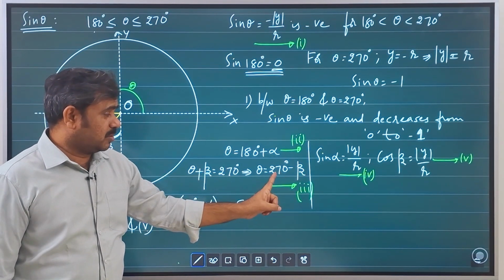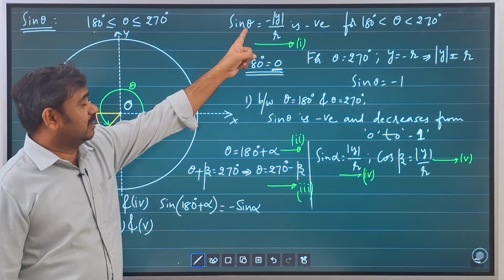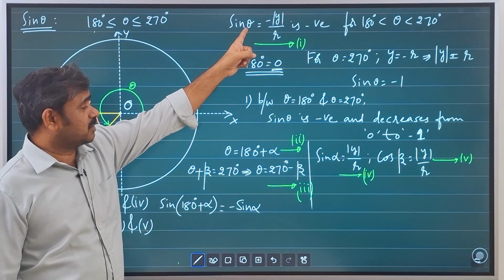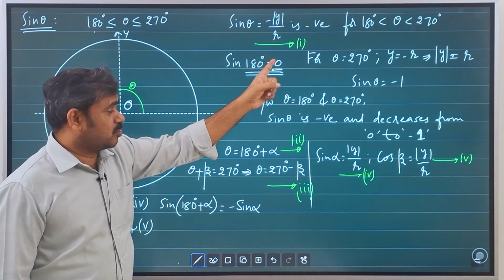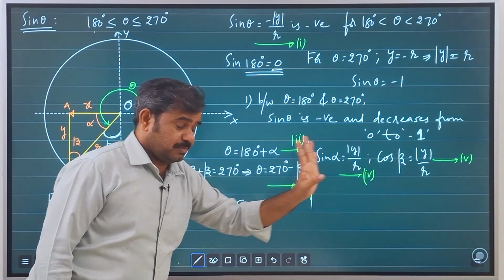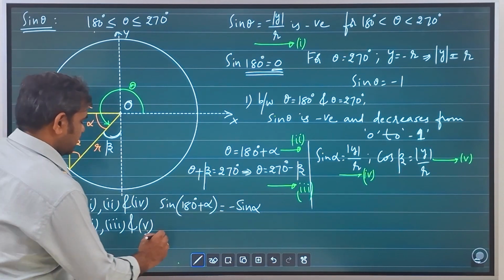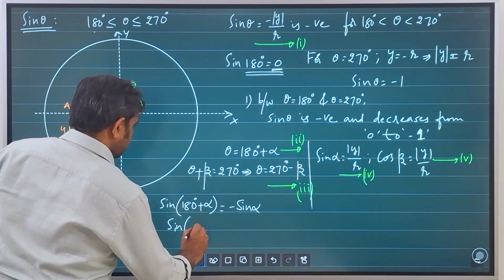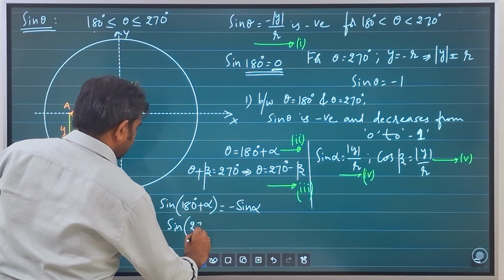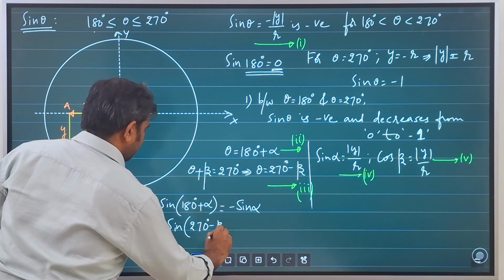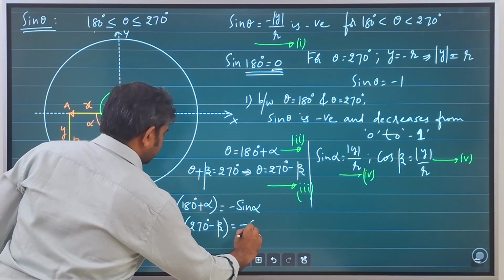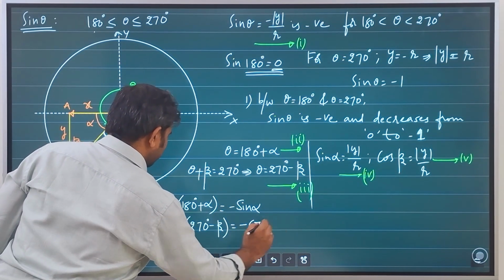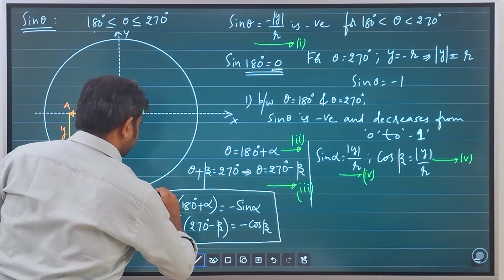Substitute theta is equal to 270 degrees minus beta here. So sine 270 degrees minus beta is equal to minus y by r, which means minus cos beta. So sine 270 degrees minus beta is equal to minus cos beta.